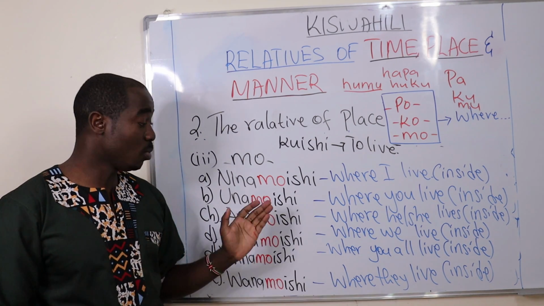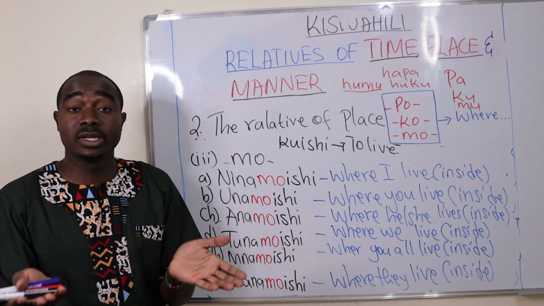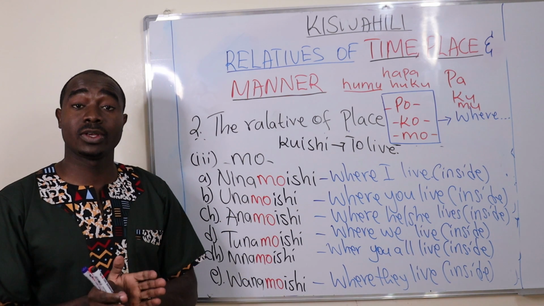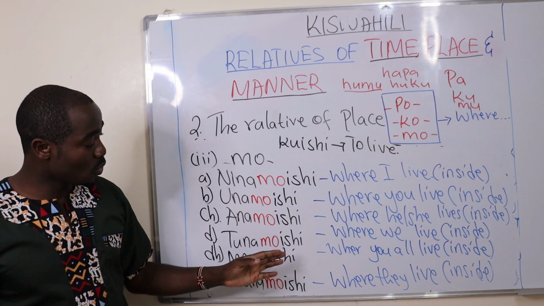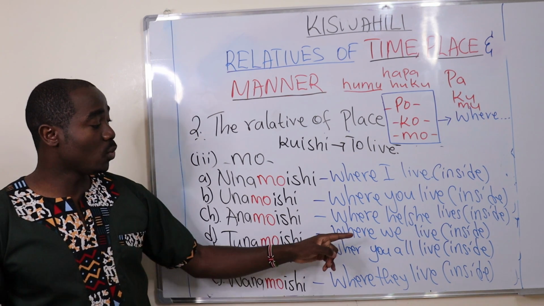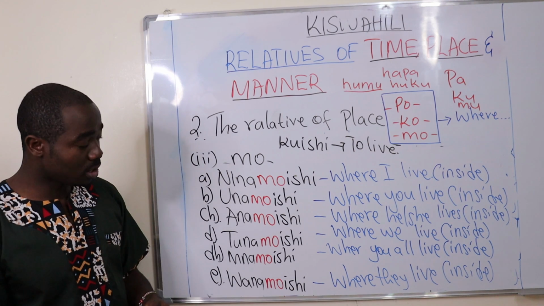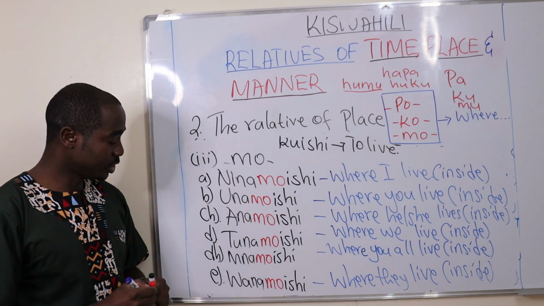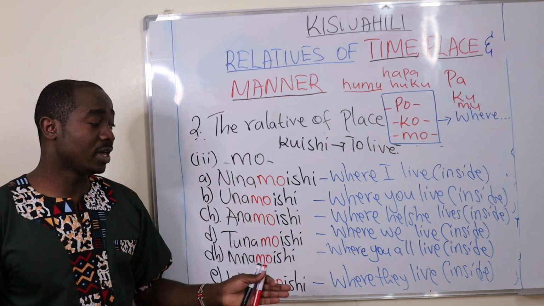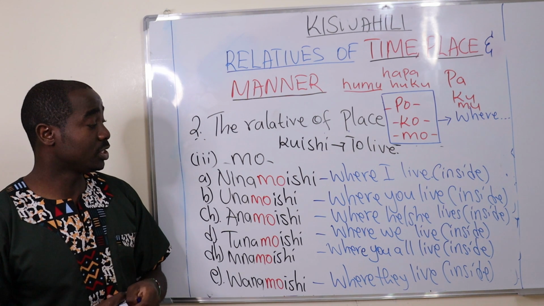When you're talking about this mo, you're referring to a place inside an enclosed building or enclosed something, okay? Mnamoishi, where you all live. Wanamoishi, where they live. The inside location, okay? Inside location.